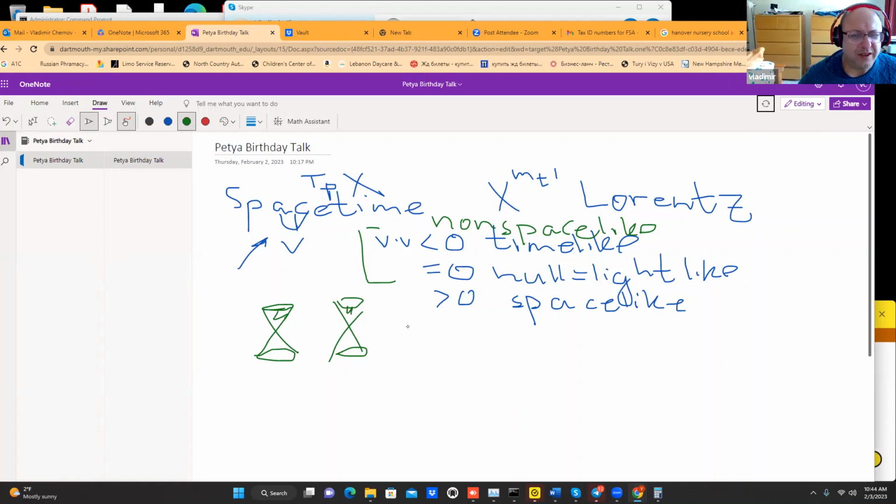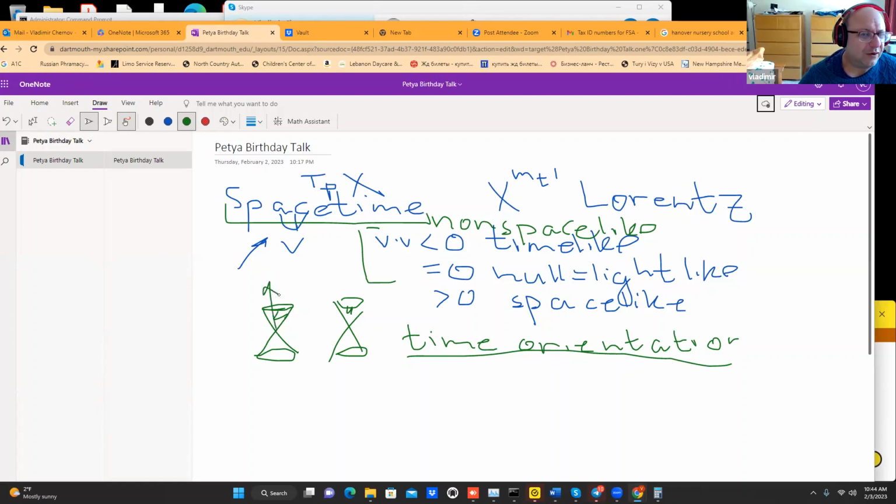If I succeed in doing it, this is called time orientation. And spacetime is a time-oriented Lorentz manifold. So it is not just a Lorentz manifold, it is a time-oriented Lorentz manifold. And the vectors pointing into the preferred half are called future pointing.